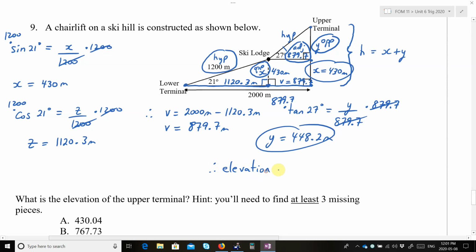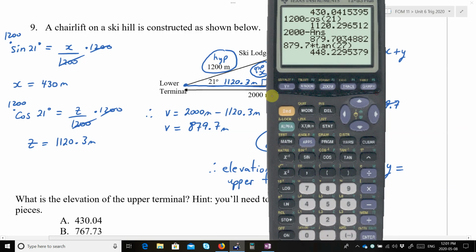Therefore we can say the elevation of the upper terminal is equal to h, which is x plus y, which is equal to, let's just add those together.